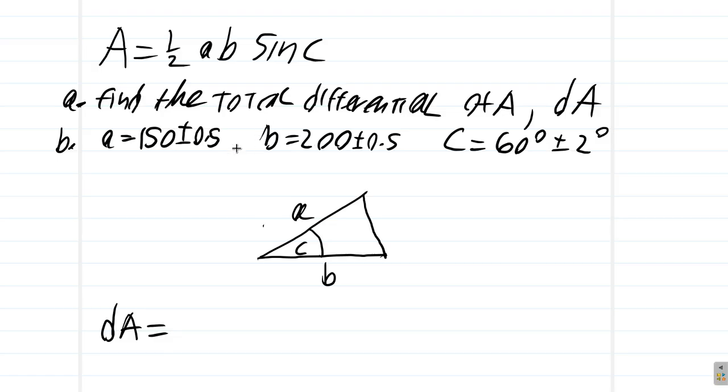So in this case, it will be the partial of the area of the triangle, big A, by the partial of the length of one side, small a, times that small change in a.